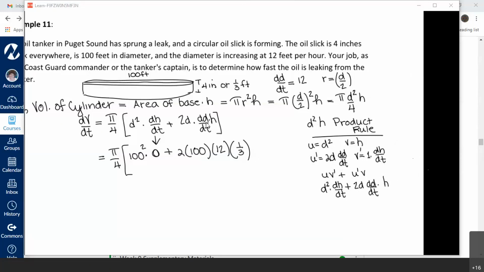Again, when I copied it over here, I lost the h that's over here, so I added it. And the trick is to make sure that all of your measurements are in the same units. That's why I changed my 4 inches to 1/3 of a foot, because everything else was in terms of feet.